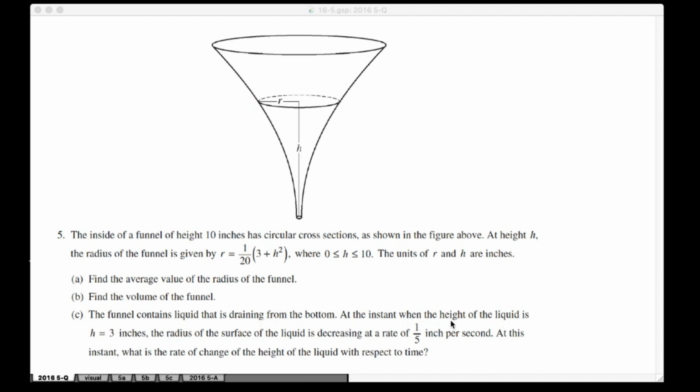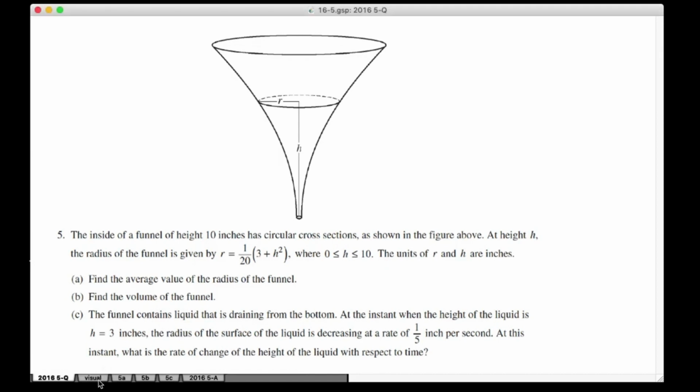At the instant when the height of the liquid h is 3 inches, the radius of the surface of the liquid is decreasing at a rate of 1/5 inches per second. At this instant, what is the rate of change of the height of the liquid with respect to time? They look like 3 different unrelated questions, but we'll keep an eye on them, okay?